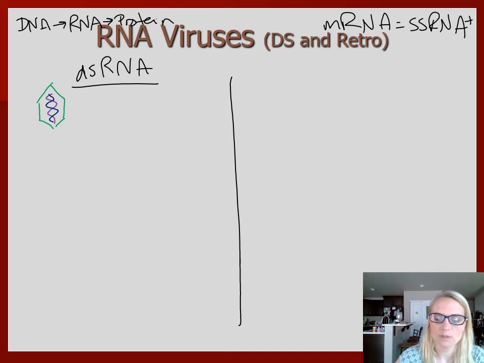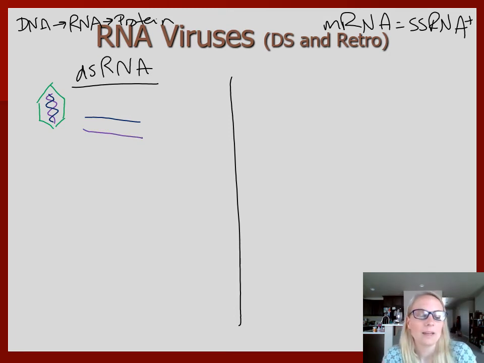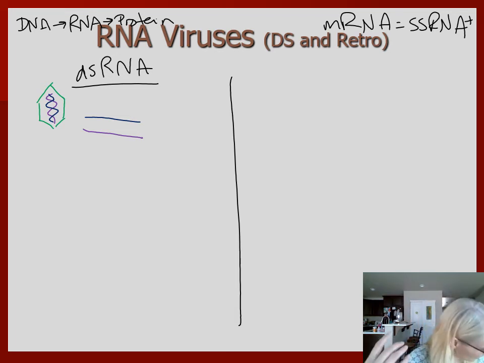So once that comes into the cell, it's going to look like this, just kind of for simplicity's sake. Right? It's not going to have any special enzyme with it because it comes in with a positive sense strand as half of its genome. So it can actually unwind. Right?